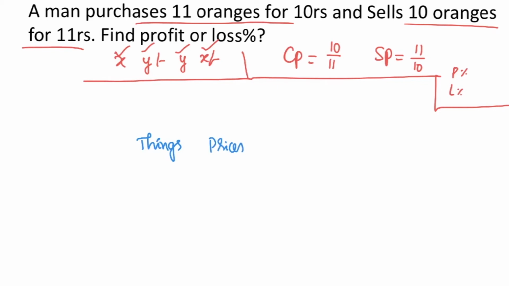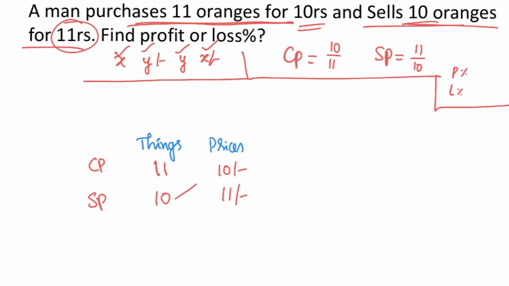Now read out the problem. A man purchases 11 oranges, 11 things at a price of how much? 10 rupees. That is purchasing. And while selling, SP is equal to number of things 10 oranges, price 11 rupees.